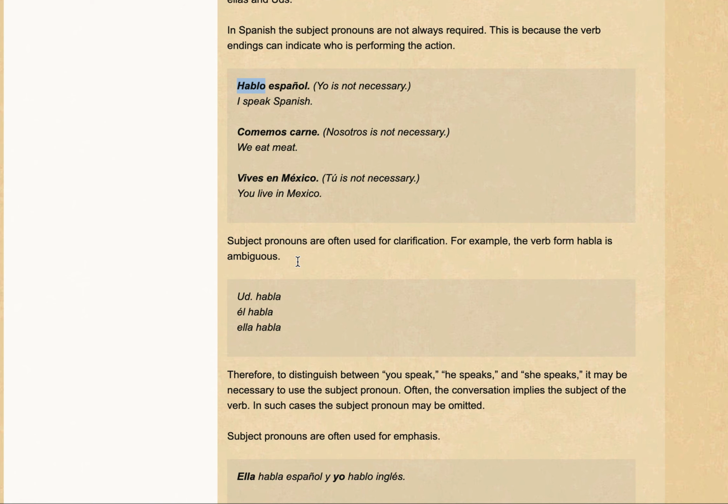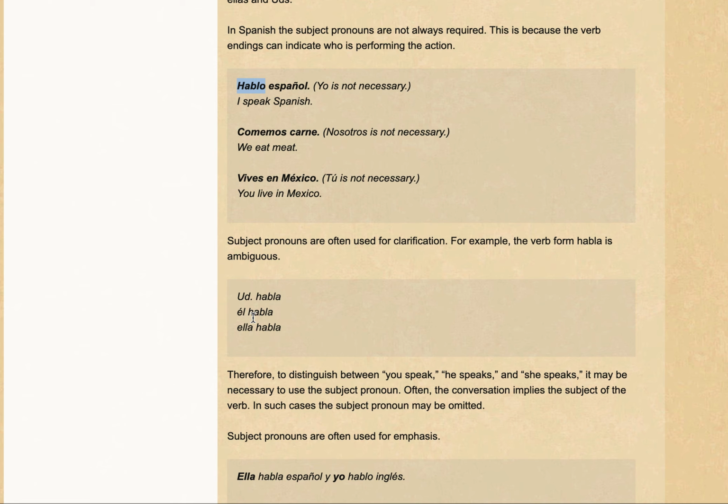And the subject pronouns are often used for clarification. For example, the verb form habla is ambiguous. So subject pronouns in this case, you have él and ella. So he or she, right? And we are using them because they are ambiguous.